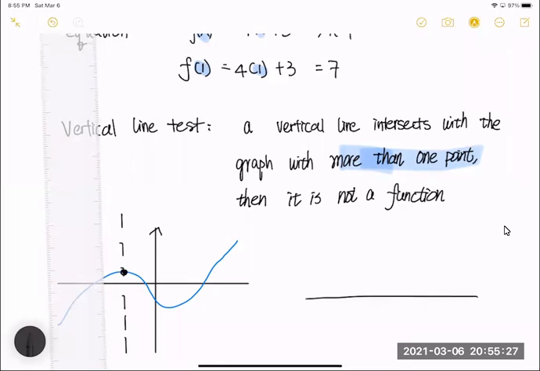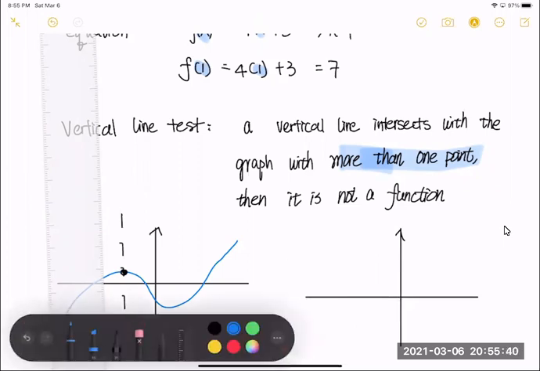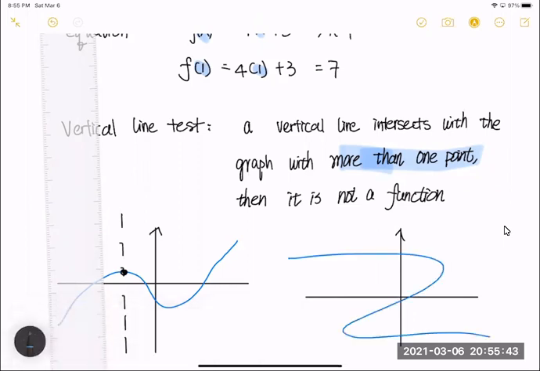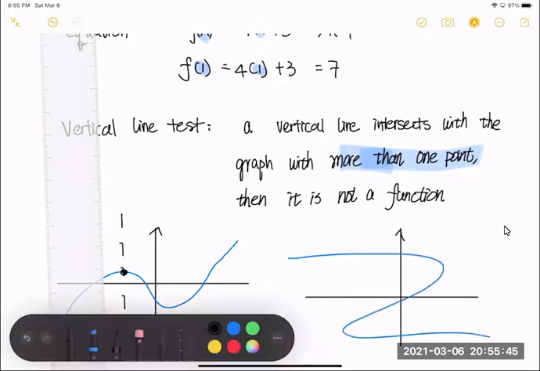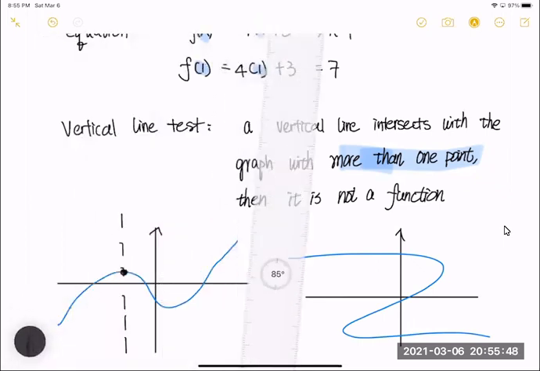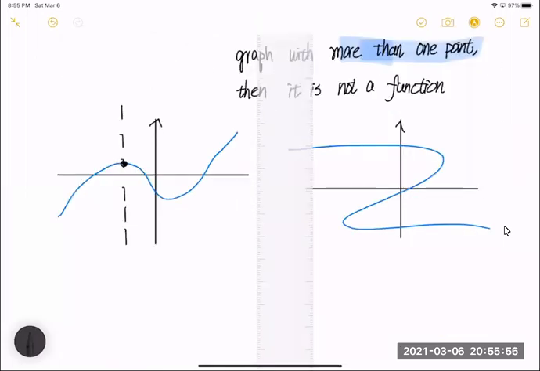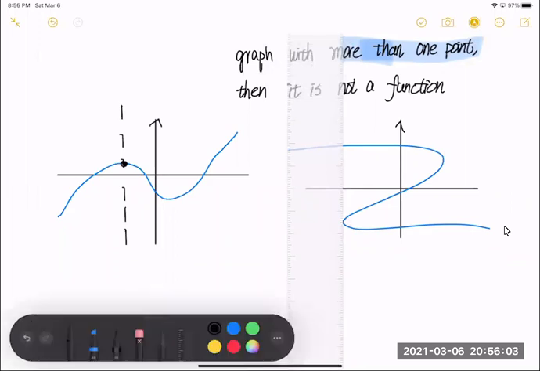So now let's look at another example. Now look at this graph. Again, we have a vertical line. Look at the ruler. Right now, the ruler intersects the graph at 1 point, right? Still 1 point until here, at this part.